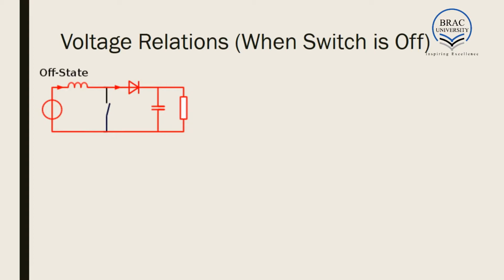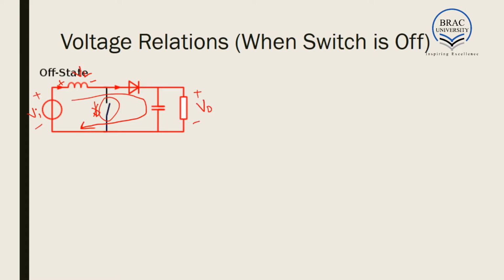Now when the switch is off, since this is open circuited, no current can flow through this. As a result, this is the direction of flow of current. Again, we are considering this as VI, this as VL, and in this case the output voltage is V out, V naught.